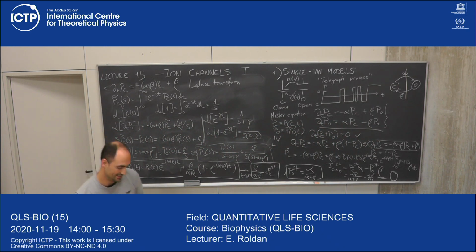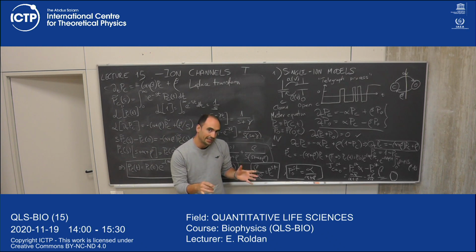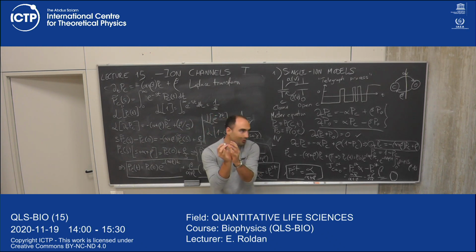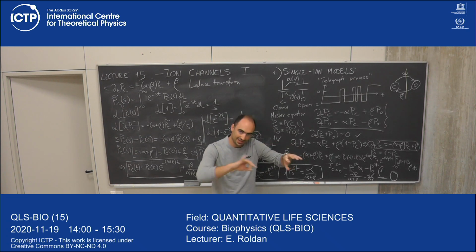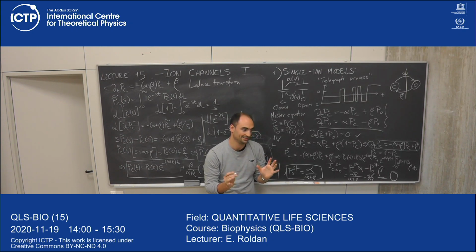You have two states. You have a system jumping between two states. And imagine at time 0 you have all of them in C. So then they will start diffusing. Some of them come here, some stay here. But this doesn't continue forever. This stops, and it stops when there is no current. It means there is the same amount of particles jumping to the left and to the right. This reaches equilibrium. Okay?